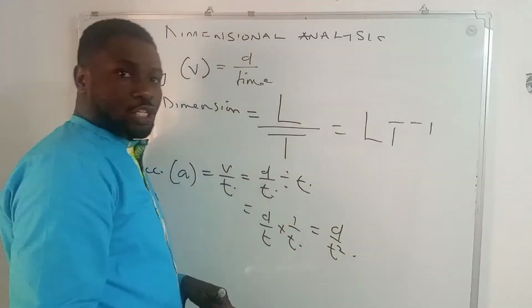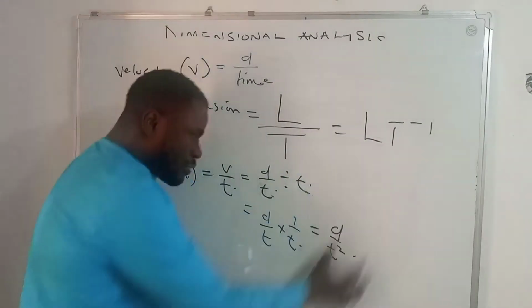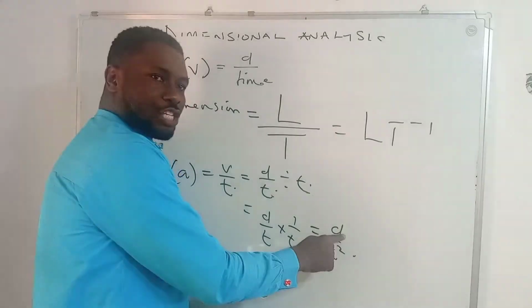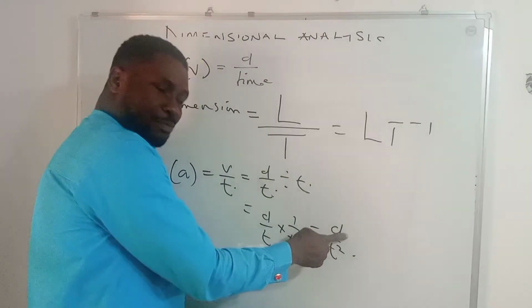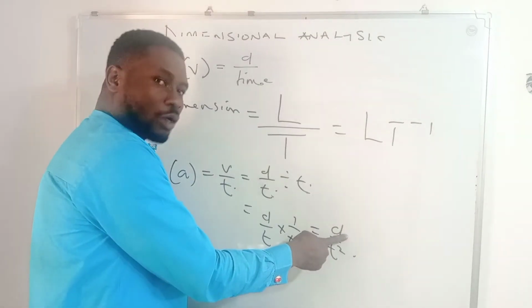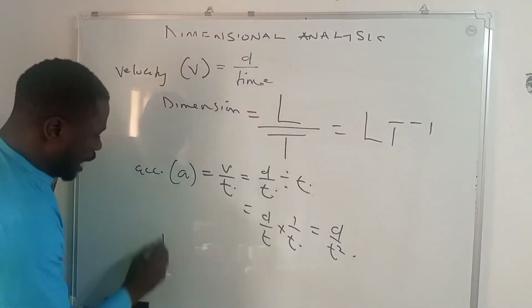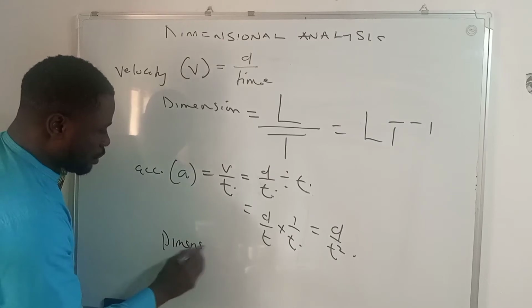And d all over t squared now tells us that everything that makes up acceleration is fundamental. Here d is displacement, and displacement, like I told you, is the same as length in this context. Then this is the time. And so now we want to look for the dimension.